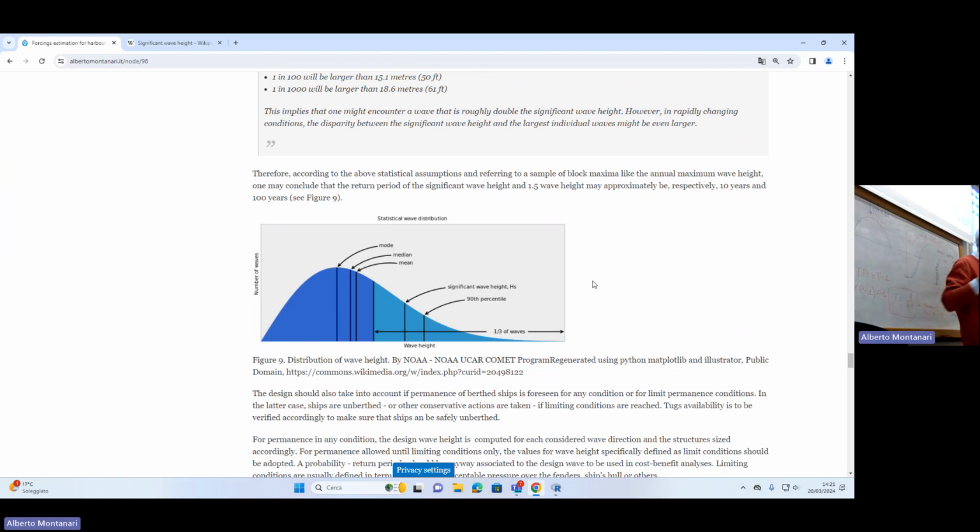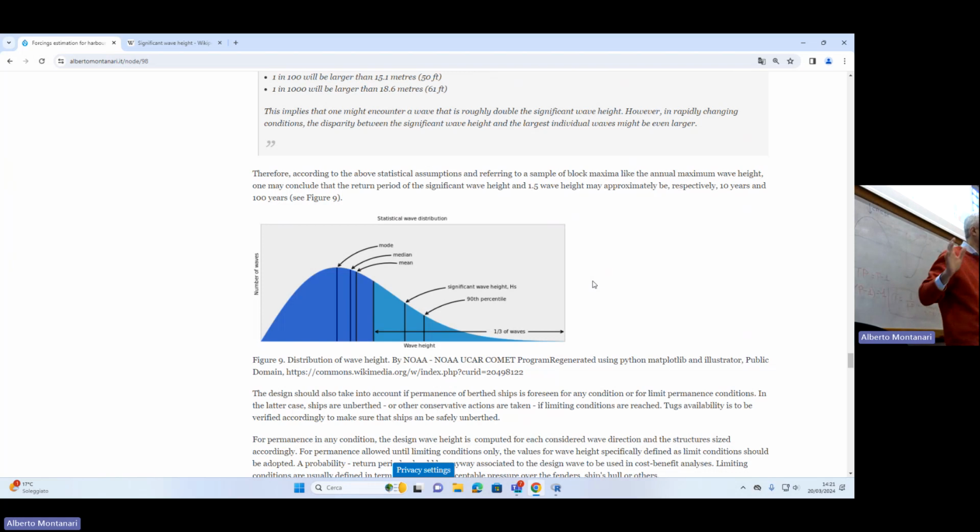And this is possible, and it's not dangerous because what is dangerous is if you break the mooring lines, if you break the structure of the berth. But the ship is equipped for navigating into the open sea in extreme conditions. It's designed for that. So in a harbor, you have a sheltered area. You don't have such extreme conditions.